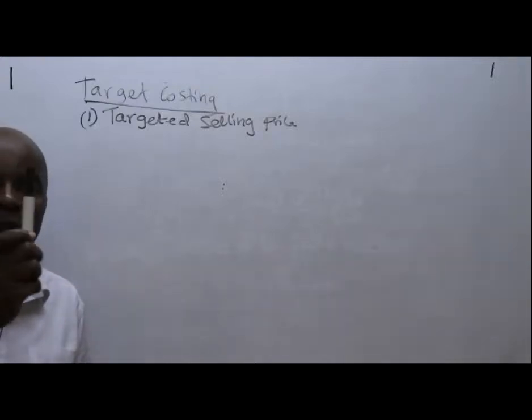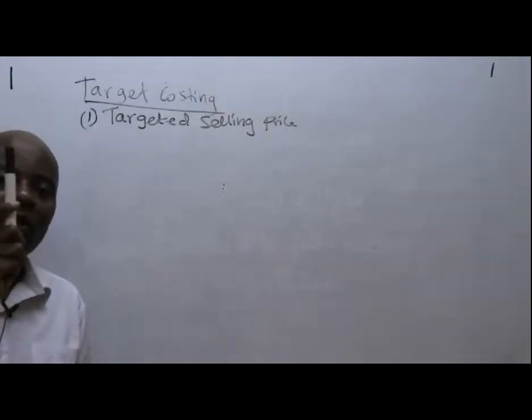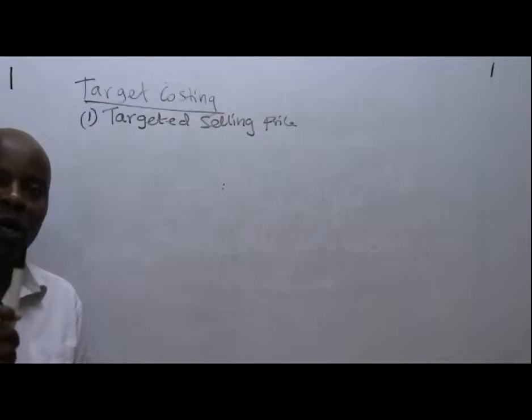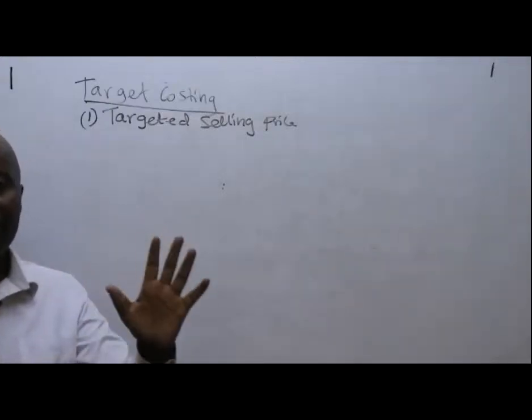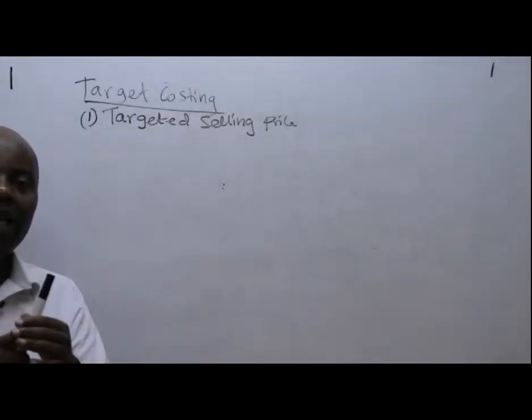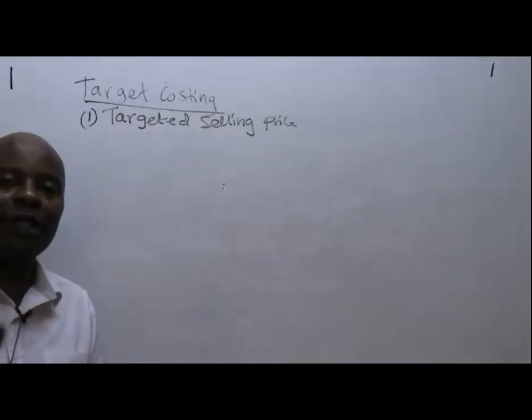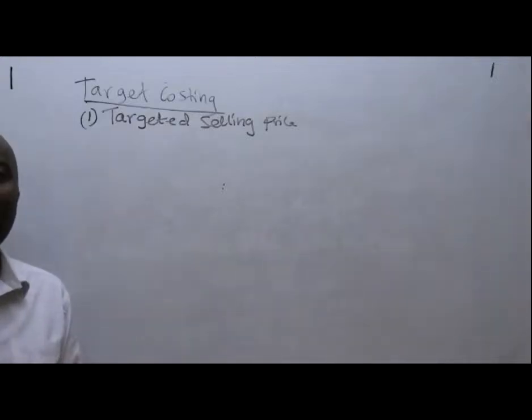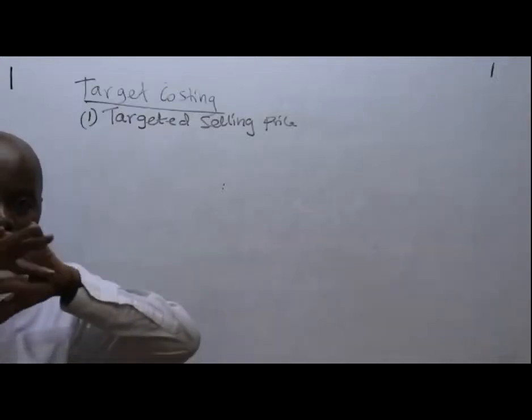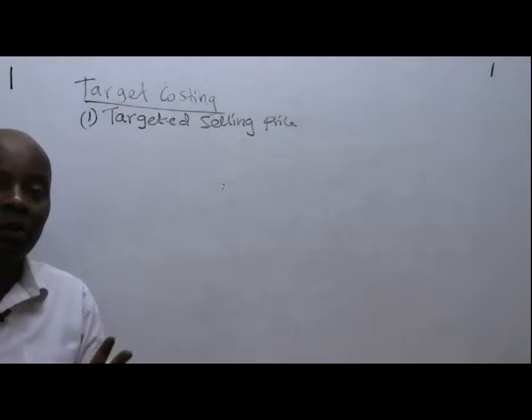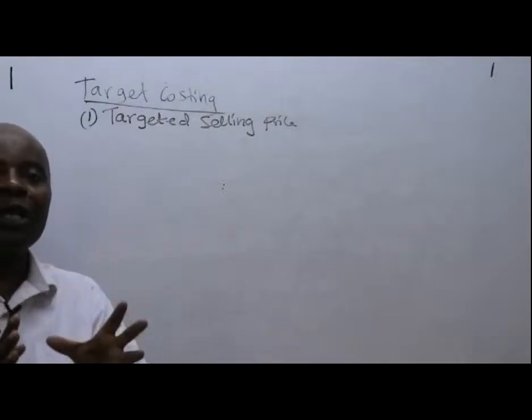For example, if I want to start selling pens of this nature, I will go to my competitors, get the average price. There will be others who will be selling this kind of pen for 10 shillings, others 20 shillings, others 100.